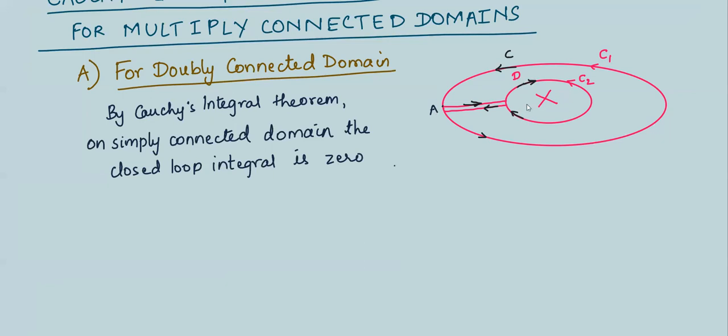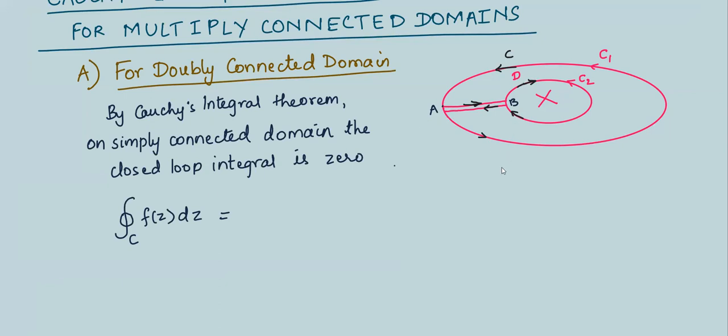Let's say this point is A, this point is B. So we get the integral over contour C, a closed loop integral.